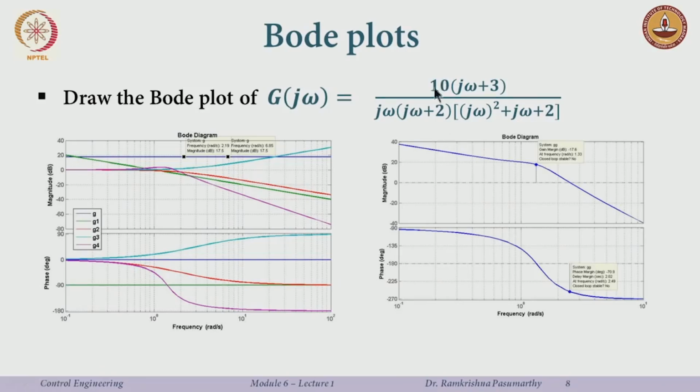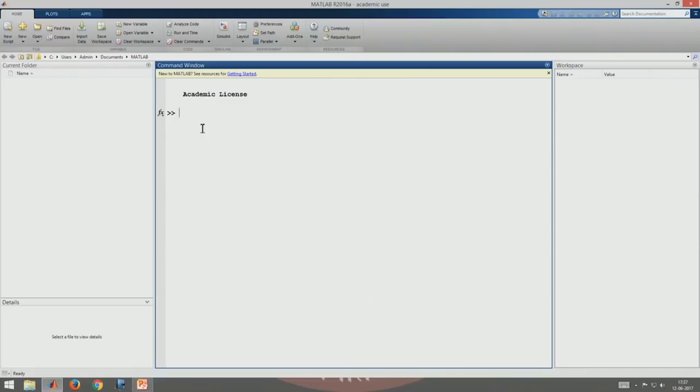So, let us try drawing the root locus for this. I will just directly go to MATLAB and draw it. I hope I remember the commands properly. I will call G a transfer function.